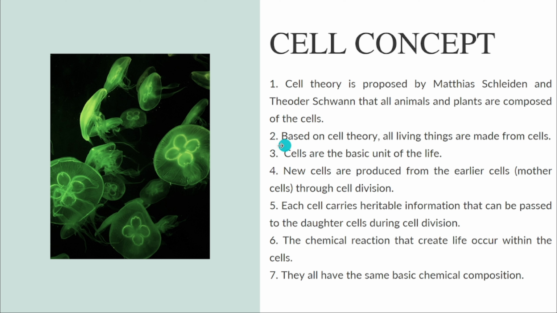If a living thing does not contain any cell, then it is not a living thing. Every living thing, whether bacteria, human, plant, fungi, protista, or any animal, is made up of cells.